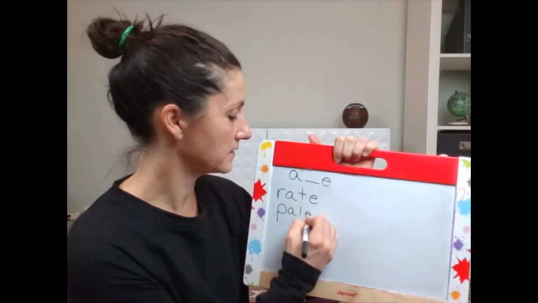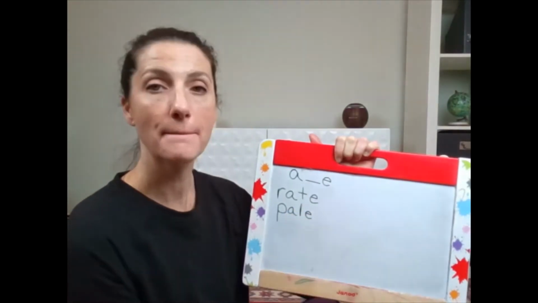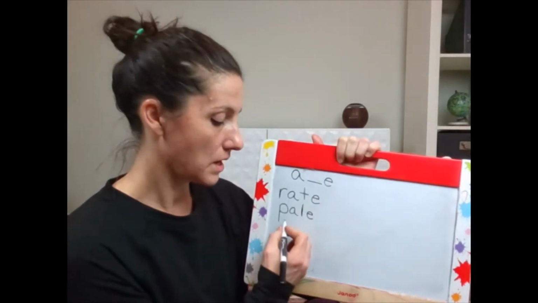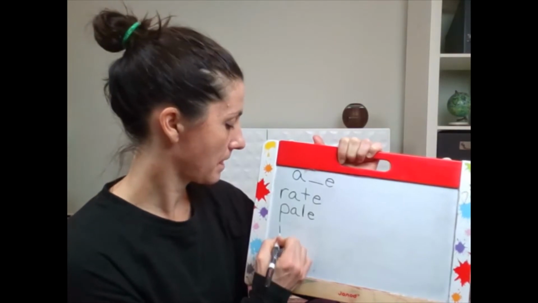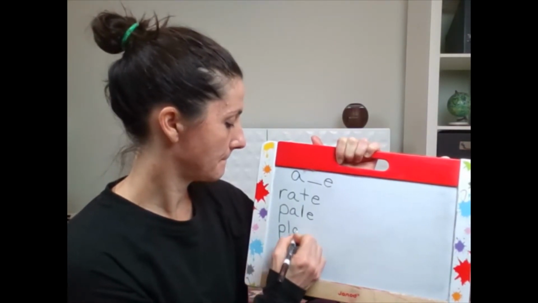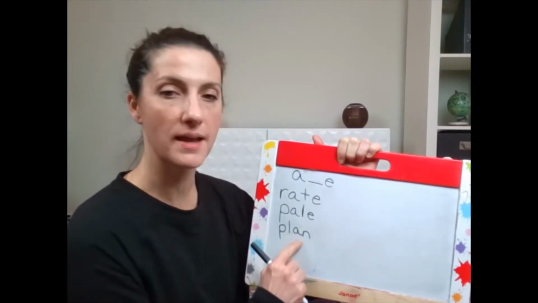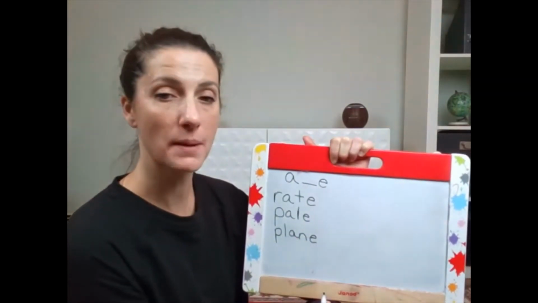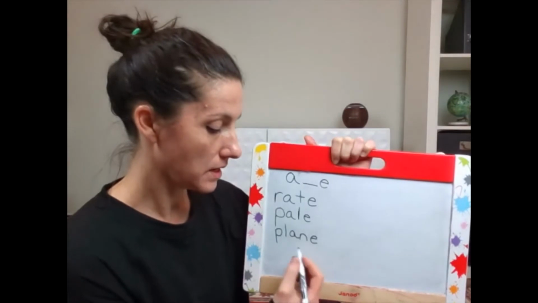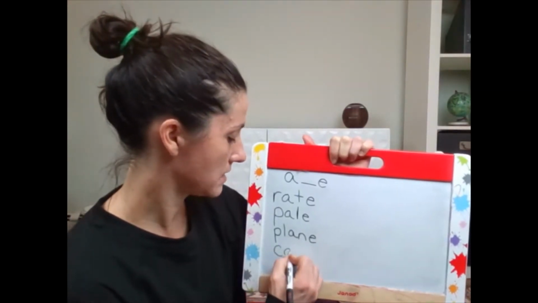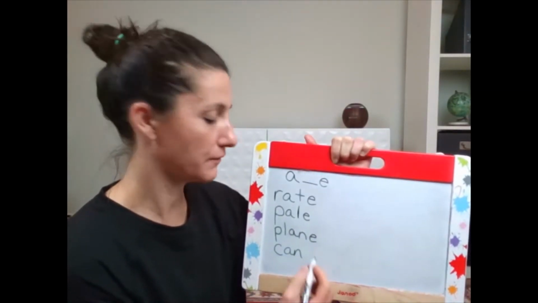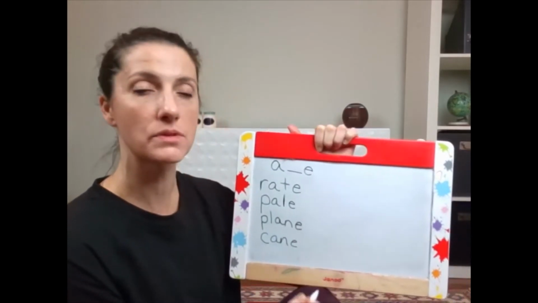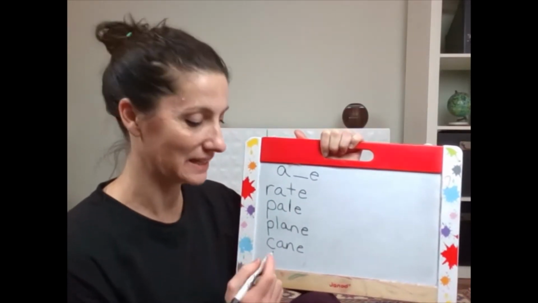If I add an E to the end, I now have pale. P-L-A-N, plan. If I add an E, it becomes plain. Can, C-A-N, right? If I add an E, it becomes, you say it, cane.